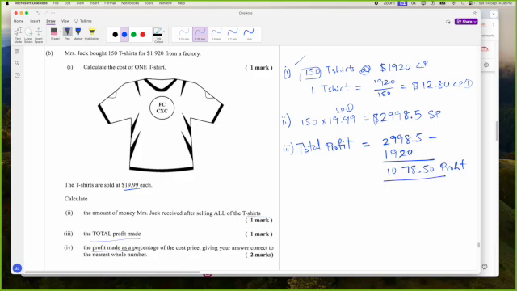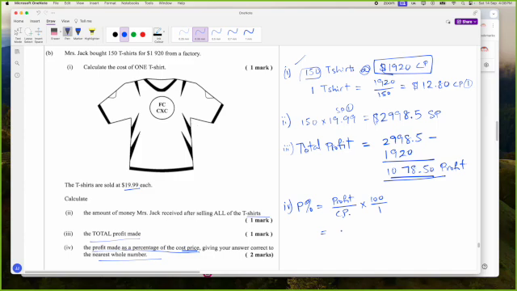The profit made as a percentage of the cost price, giving your answer correct to the nearest whole number. So remember part 4, the profit percent is the profit over the original value, the cost price. So it'll be this profit over this cost price here, multiplied by 100 over 1.